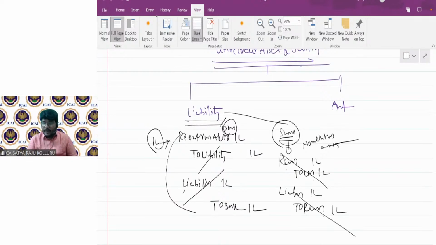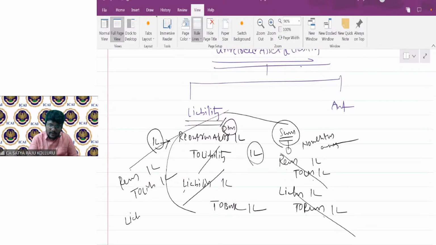I will add one more scenario. Please concentrate. Discharged the liability, but not at book value, at less than book value. 1 lakh is the liability, right? But as a full and final settlement, I am paying only 40,000. Remaining 60,000 is sacrificed by the other party. Then recording the same entry, reconstruction to liability, first I need to record 1 lakh, 1 lakh. Then later on, what I need to do?